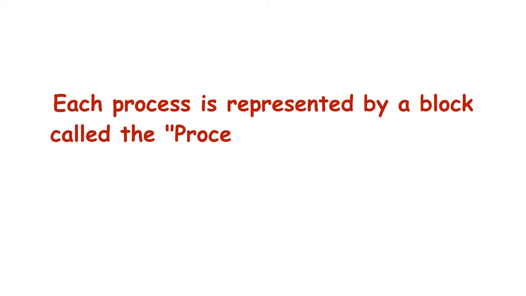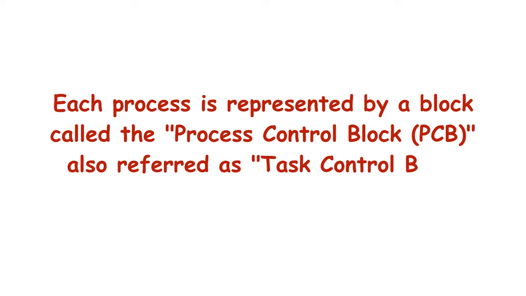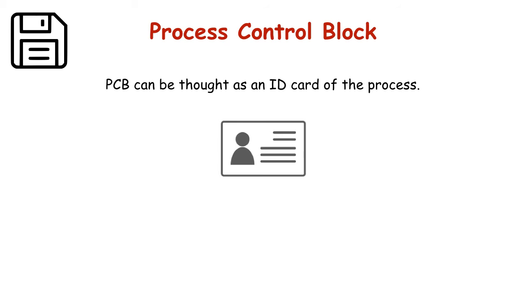Each process is represented by a block called the process control block (PCB), also referred to as task control block (TCB). Process control block can be thought of as an ID card of the process. Like in school, you have an ID card which has the roll number, the contact details, the class, division, about the student, so that it is easier to identify the student in a group of students.